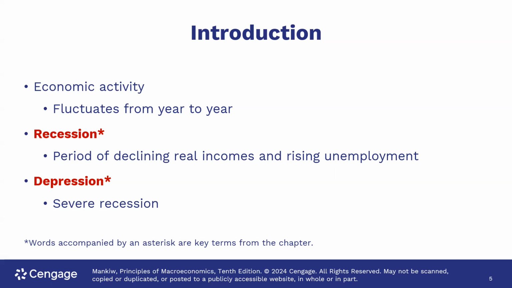Then a depression is a more severe type of recession. A depression can be considered as a consecutive recession, so the recession lasts for a long period of time. Normally a recession only lasts for less than a year, but a depression can span over several years.